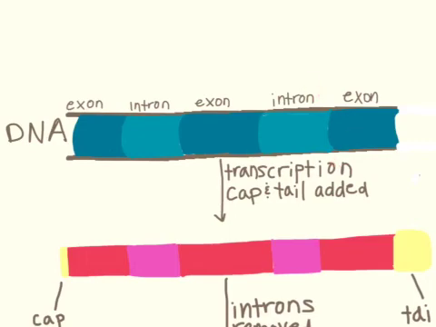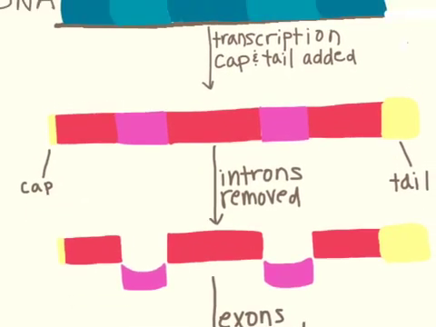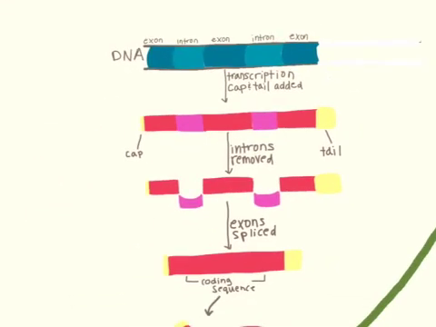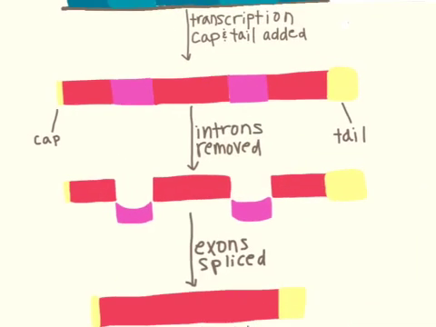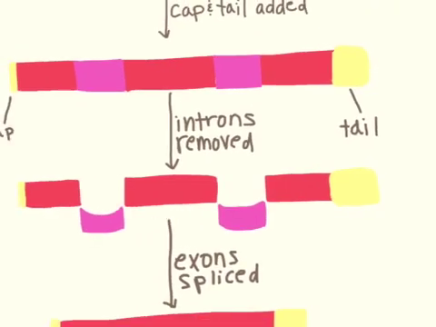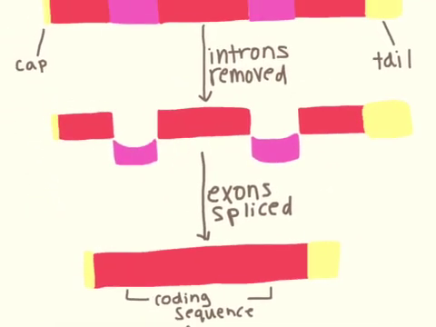So as we see during RNA splicing, the introns are removed because they don't serve an actual coding purpose, and the exons are spliced together to form one continuous coding sequence.